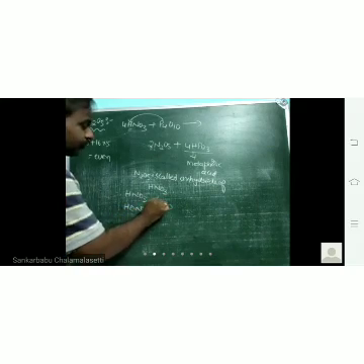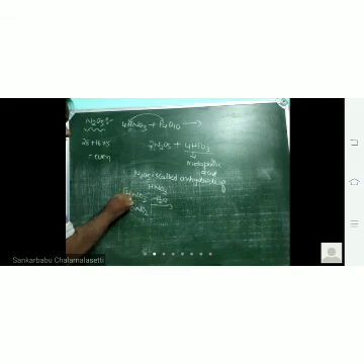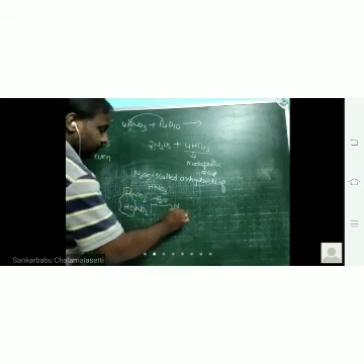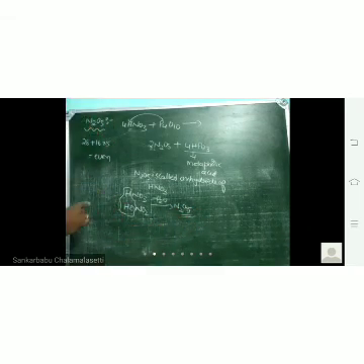From this remove one water molecule, then we will get N2O5. So when you remove water from nitric acid, we will get N2O5. Hence N2O5 is called the anhydride of nitric acid.